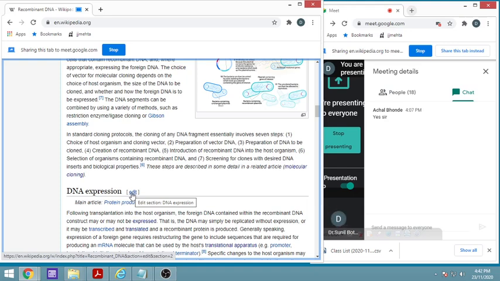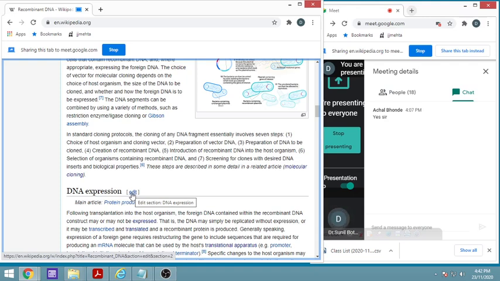Then preparation of vector DNA. If we are having a vector, then we have to prepare the vector DNA so that the initial DNA of the vector will be able to attach to a proper specific sequence, identify the place, and get inserted into it.